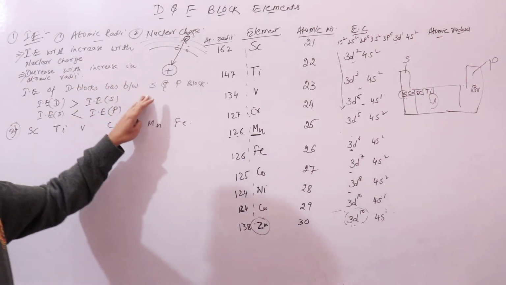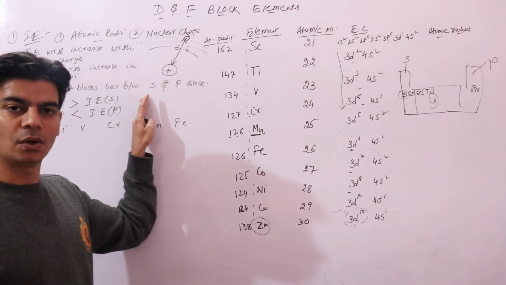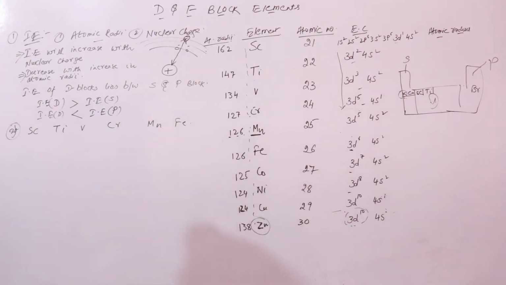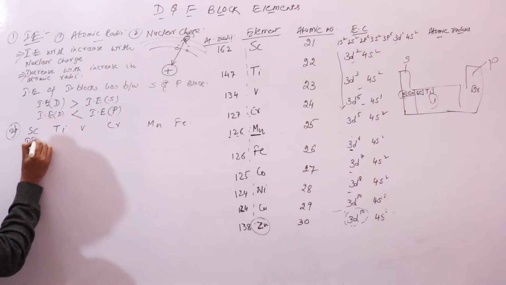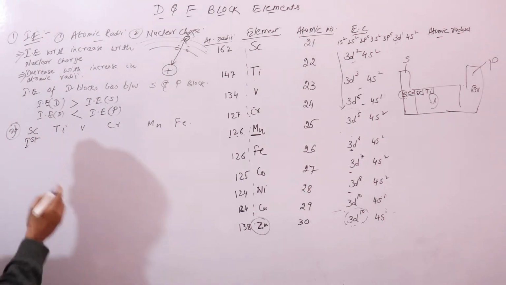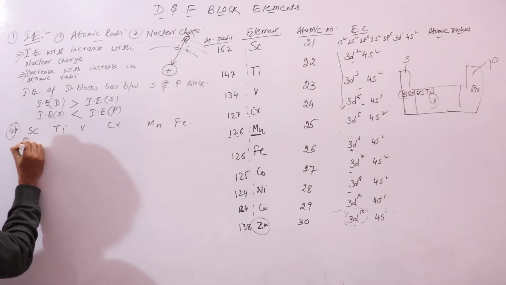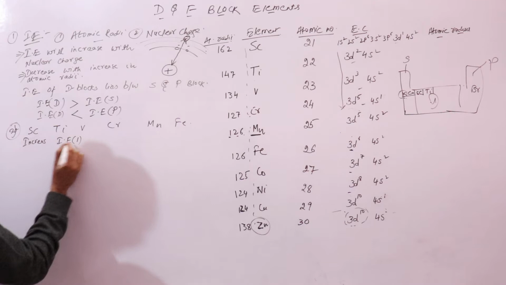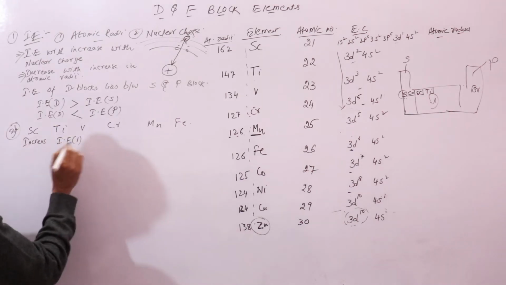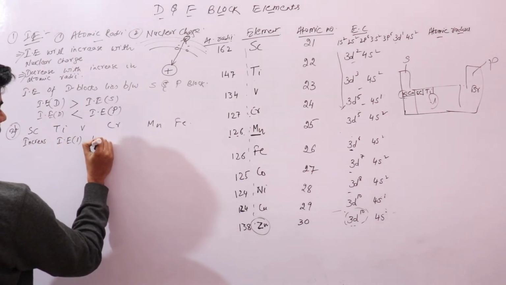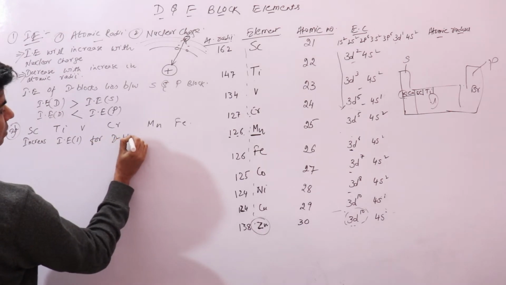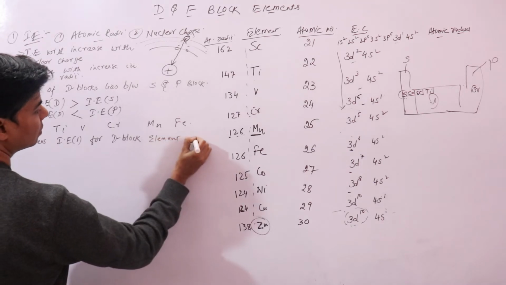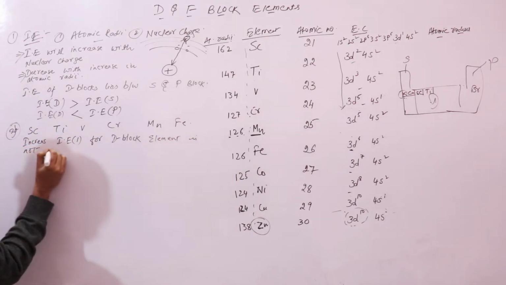We have now discussed the first point, that ionization enthalpy of d block elements will lie between s and p block elements. Now the second most important thing is that the increase in first ionization energy, which we denote with IE1, for d block elements is not regular.